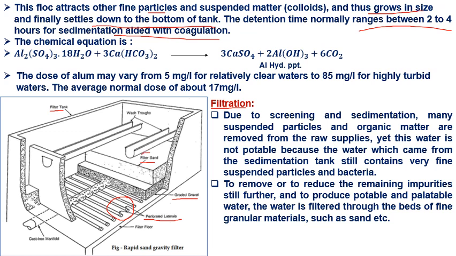This sand is known as filter medium, and the base for the filter medium is graded gravel, and below the graded gravel there is the under drainage system in the form of perforated laterals.